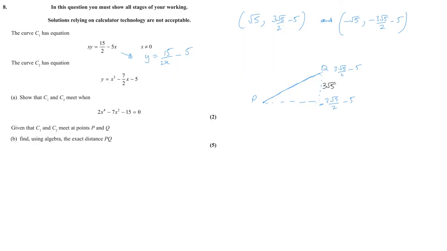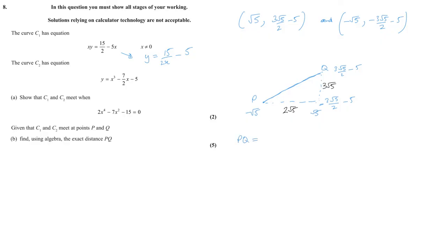And then when we look at the x ones, we've got a minus root 5 to a plus root 5. So that's going to have a distance of 2 root 5.